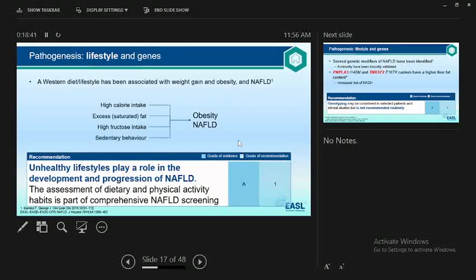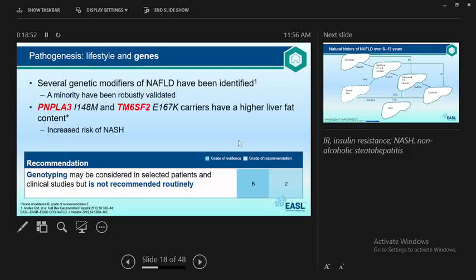So what is the pathophysiology? As we all know, it's multifactorial. Mainly the culprits are the sedentary lifestyle and the diet: high calorie intake, excess saturated fat, high fructose intake, and sedentary behavior.